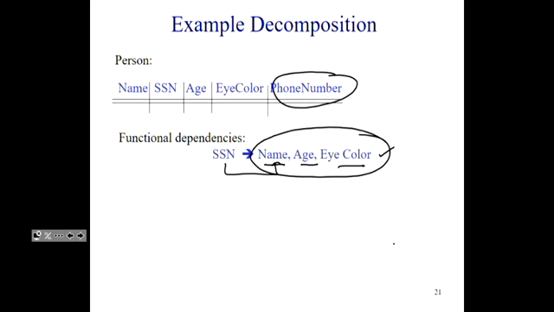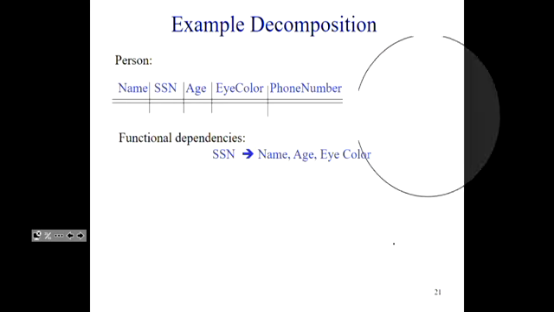SSN does not determine phone number. But together, SSN and phone number will determine all of the other attributes, right? So SSN and phone number will determine name, age, eye color, and SSN and phone number trivially. Correct? Okay. So SSN, phone number is your key for this relation.